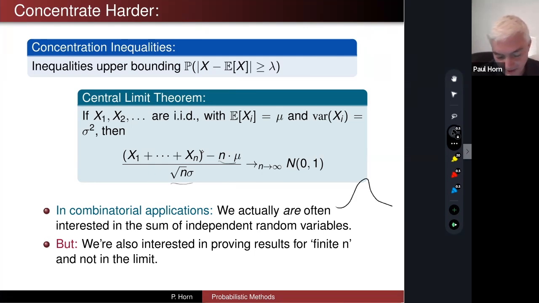Standard normal, that's the bell curve. So I actually understand very well, in some sense, this sum of independent random variables, at least in the limit.